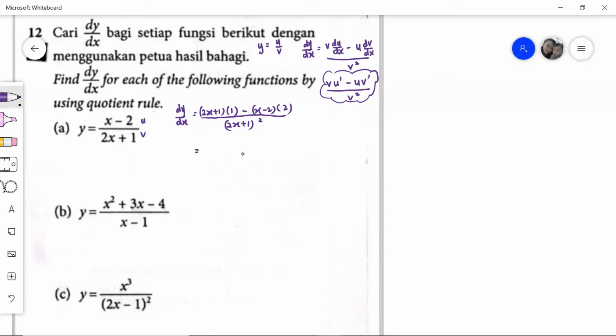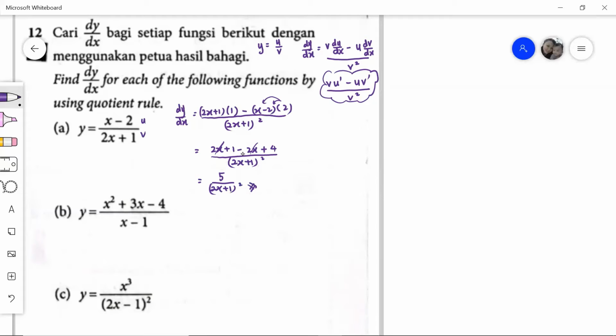Expand the expression: we have 2x plus 1 minus, multiply this in, minus 2x plus 4, over (2x plus 1) squared. So the answer will be 5 over (2x plus 1) squared. That's it.